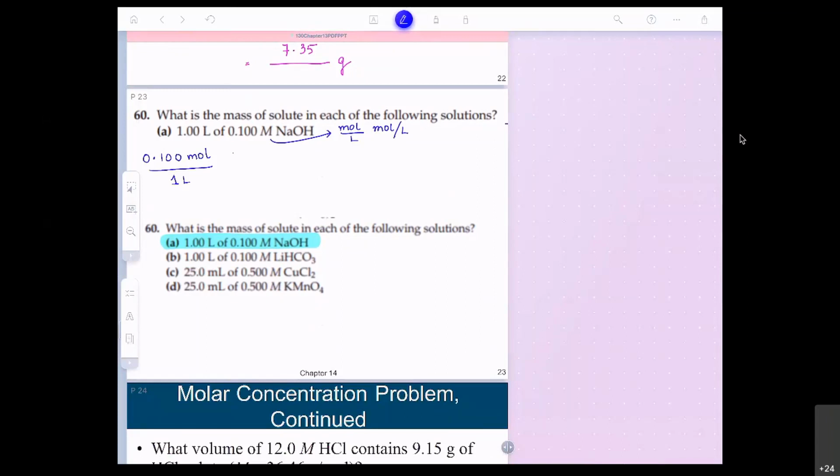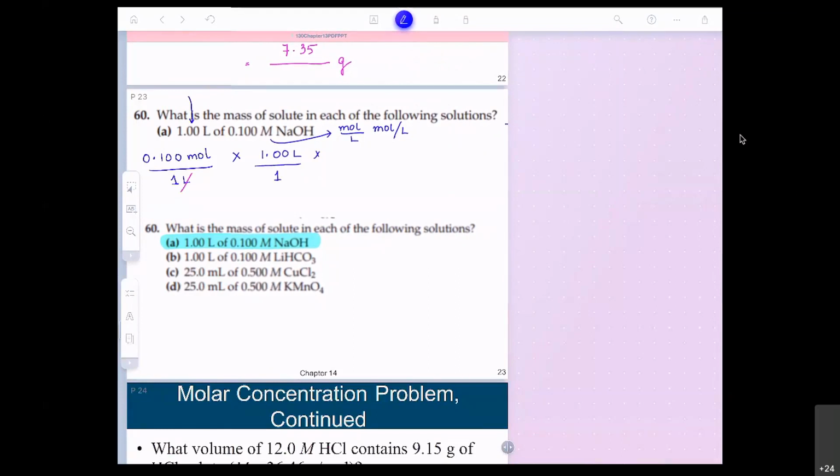So now let's cancel out the liters and look at the volume. You actually end up using both pieces of data. Which one goes first is your choice. I want to cancel out liters, so I'm going to write 1.00 liter on the top. On the bottom, you just write 1. You don't have anything there.